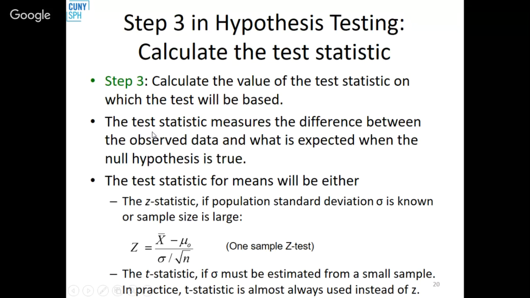And what that test statistic does is it is some measure of the difference between your observed data and what was expected when the null hypothesis is true. And generally, its magnitude is small when the null hypothesis is true. And under a true null hypothesis, larger magnitudes become less and less likely. That's a general property of test statistics.